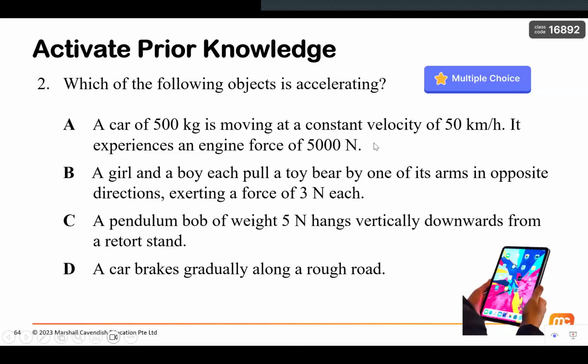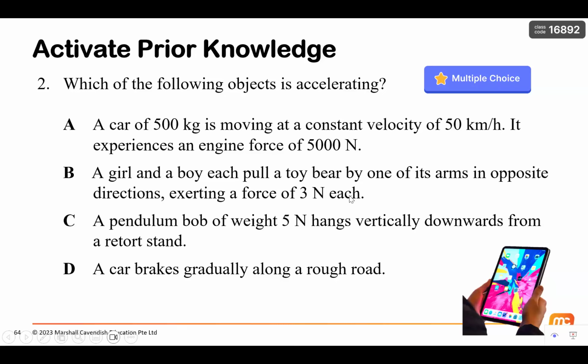Next, a girl and a boy each pull a toy bear by one of its arms in opposite directions, exerting a force of 3 newtons each. There are two forces of 3 newtons acting in opposite directions, so the resultant force on the toy bear will again be zero, and with zero resultant force, it will have zero acceleration again.